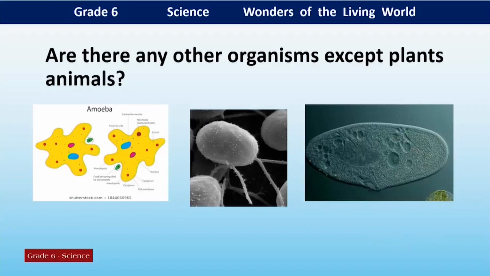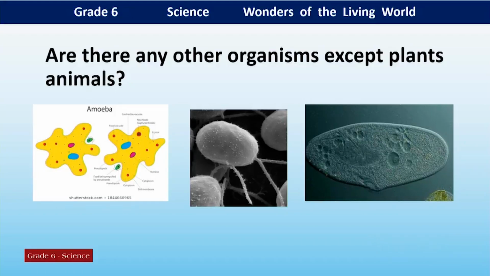Right. I have given you three pictures. These organisms cannot be observed through our naked eye because they are very small. As they are very small, we can't observe them through our naked eye. So, we call them microorganisms.